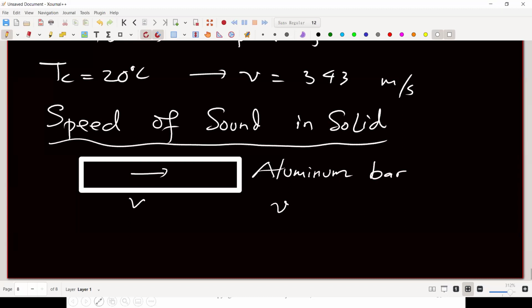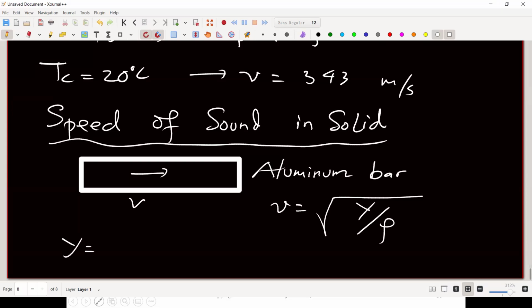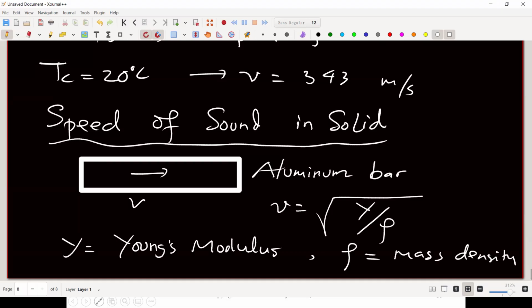So we can calculate the speed is equal to the square root of Y divided by rho. Okay. So Y here is Young's modulus, and then rho is the mass density. So you can calculate the speed of sound in solid materials by using v is equal to the square root of Y divided by rho.